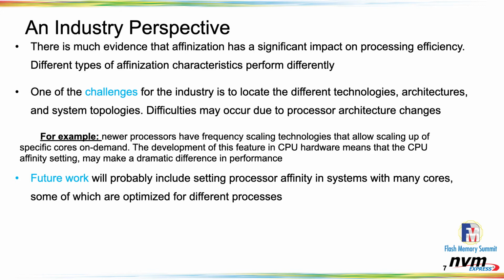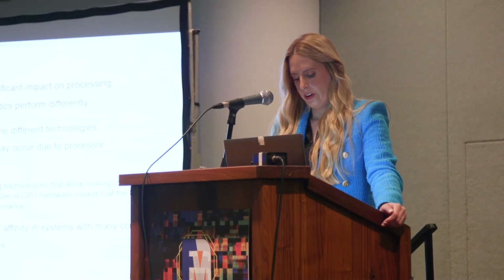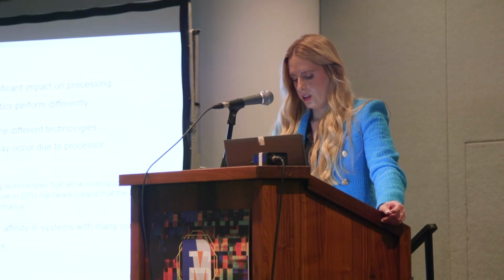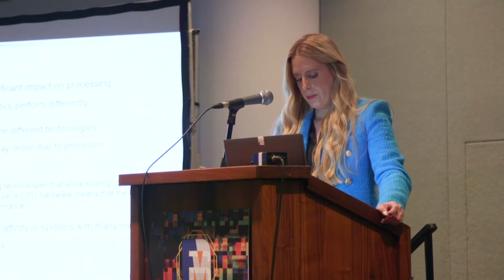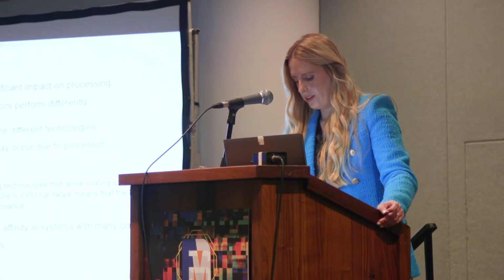Also, as an industry, we must look ahead to the future, which will probably include setting CPU affinity in systems with many cores, some of which are optimized for different processes. Instead of having a standard CPU with, for example, n identical cores, in an asymmetric system, different cores are optimized for different use cases and in order to optimize power consumption.